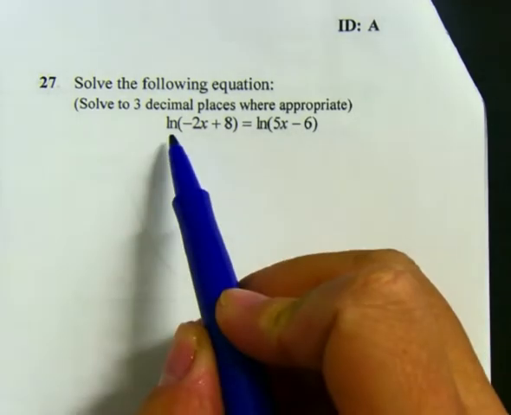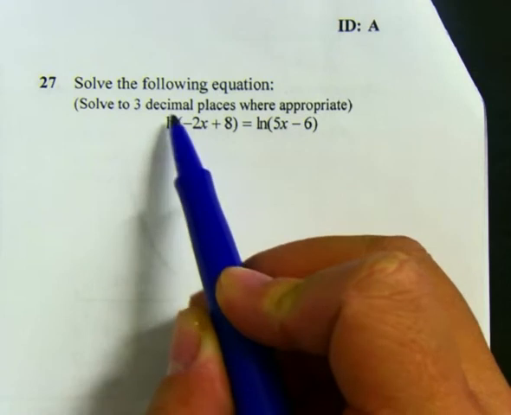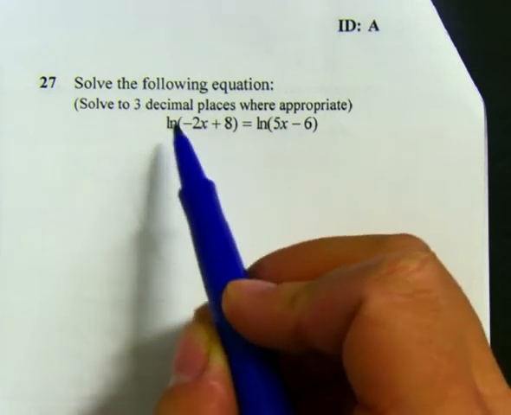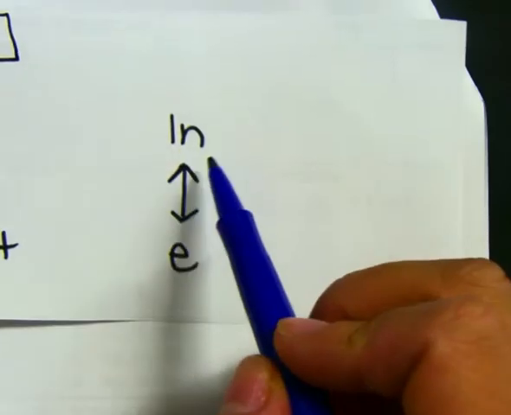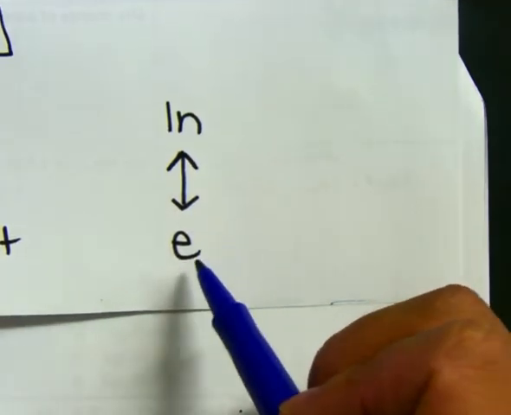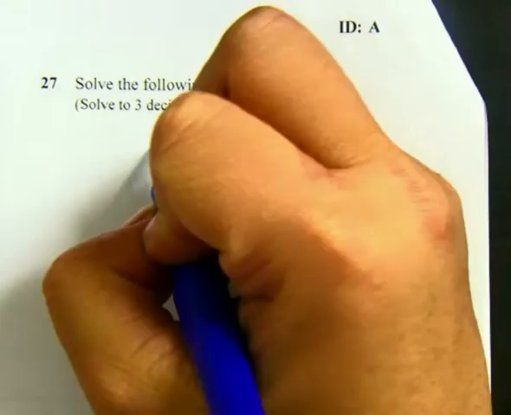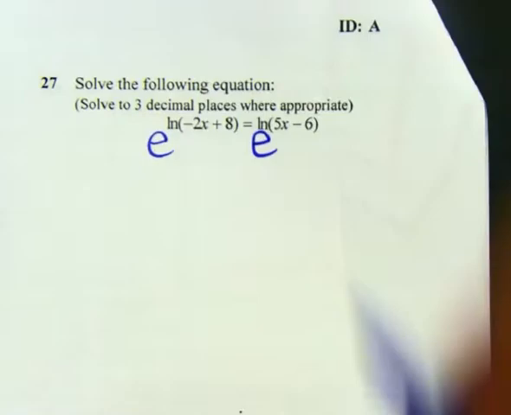And the answer is ln, right? So to undo the ln, to find the inverse of ln, you have to give an e, the exponent. Okay, so we give an e to both sides.